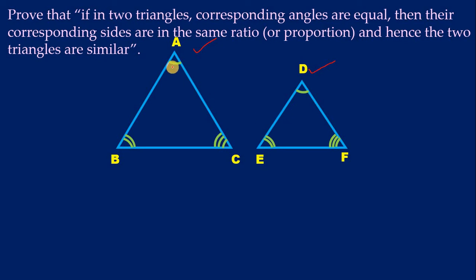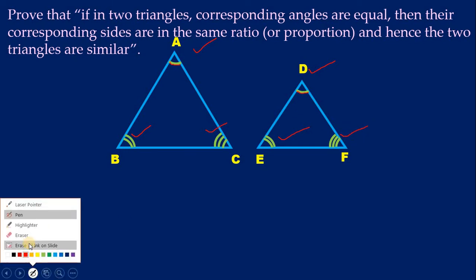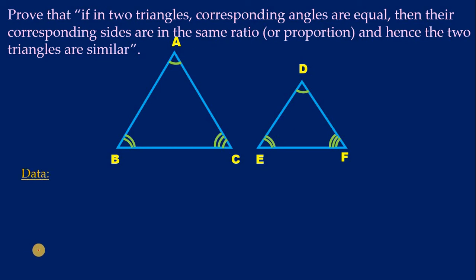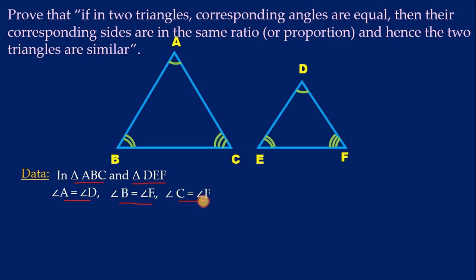And in these two triangles, corresponding angles, namely angle A equals angle D, angle B equals angle E, angle C equals angle F. That is what is given. In triangle ABC and DEF, angle A equals D, angle B equals E, angle C equals F.